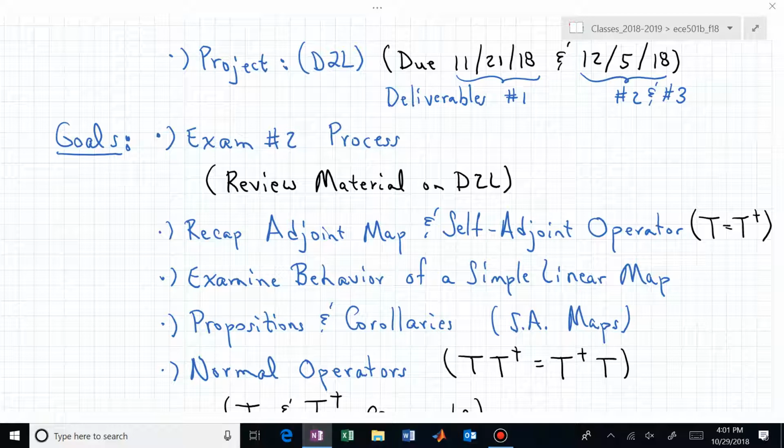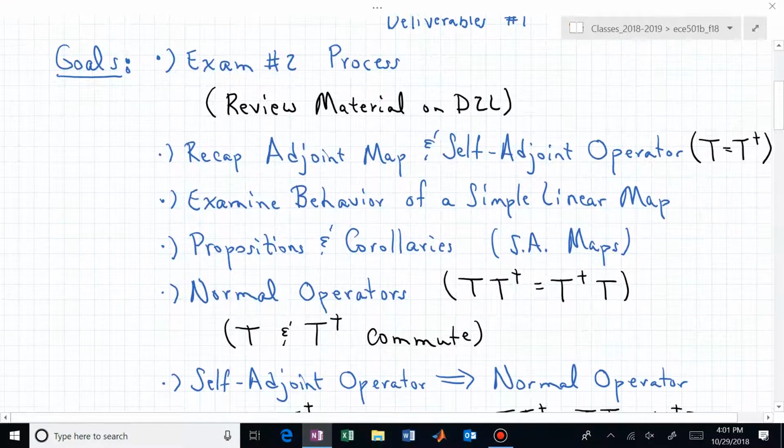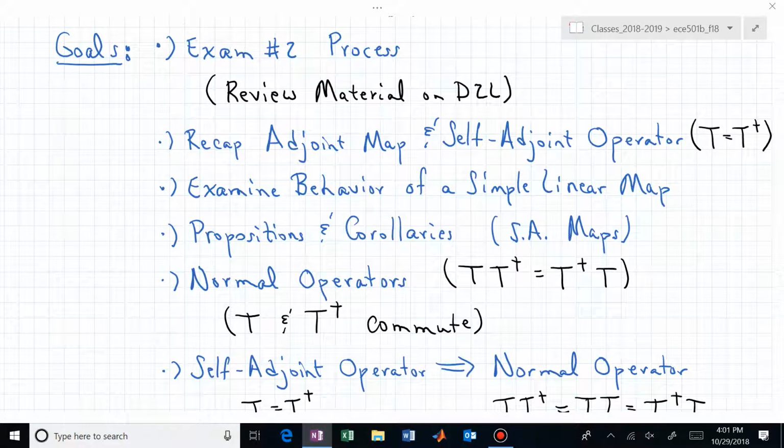Number 3 can really be a page or a paragraph that's appended on to your main project report, which is deliverable number 2, and that's due on the last day of class, which isn't very far away, in fact, relative to the number of classes. We're, I think, over 60% of the way through the semester in terms of times that we meet.